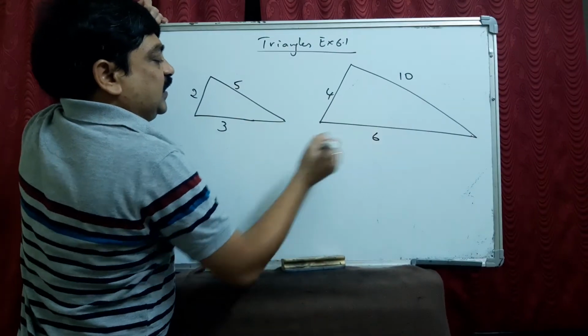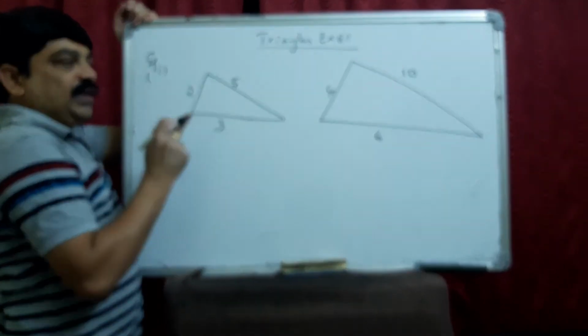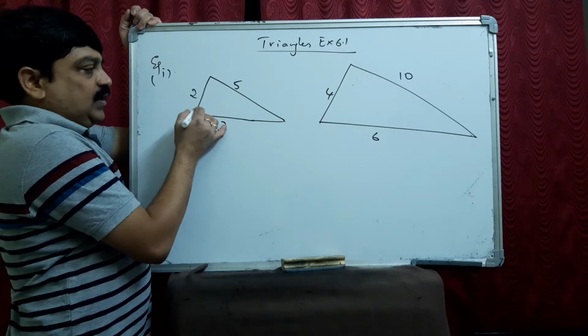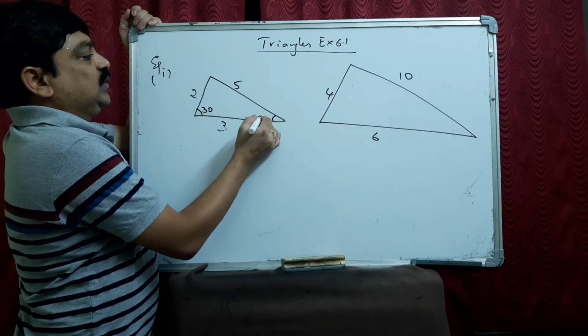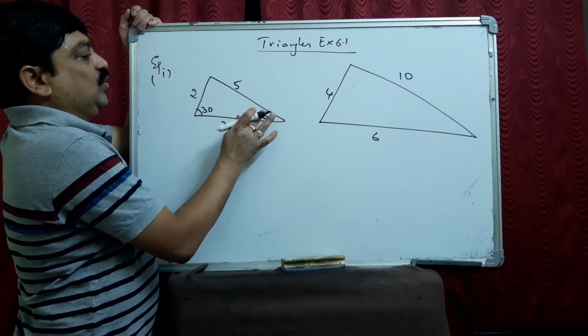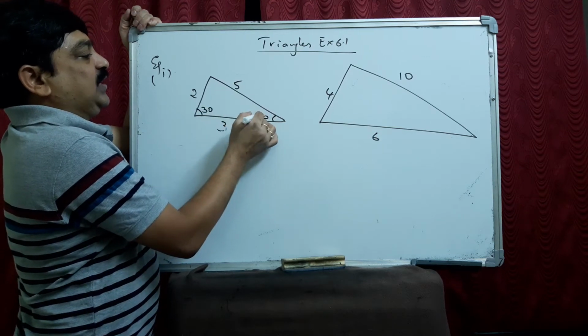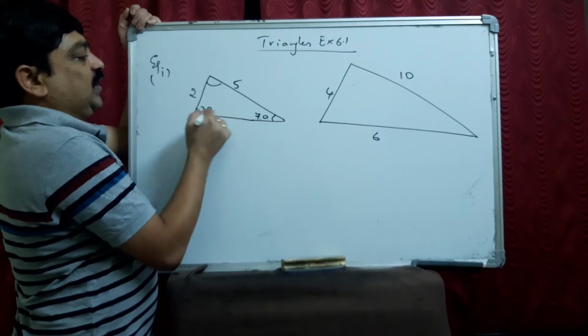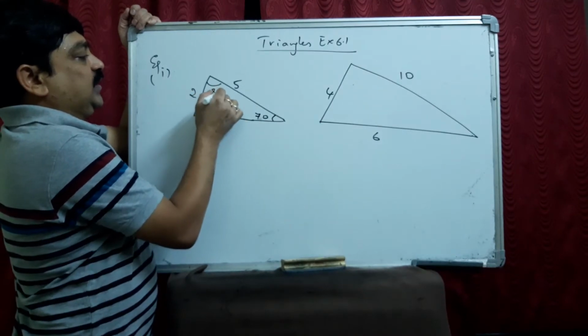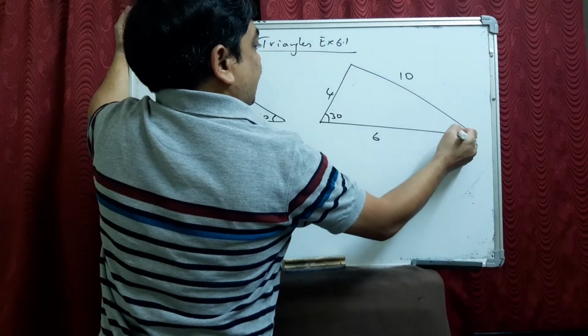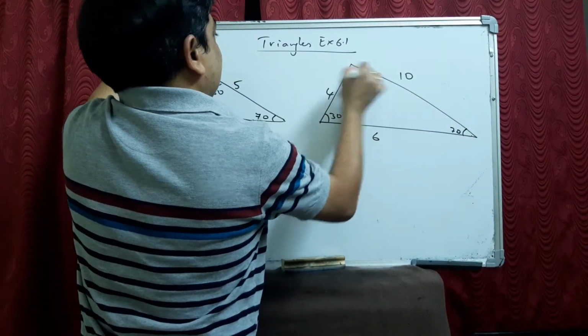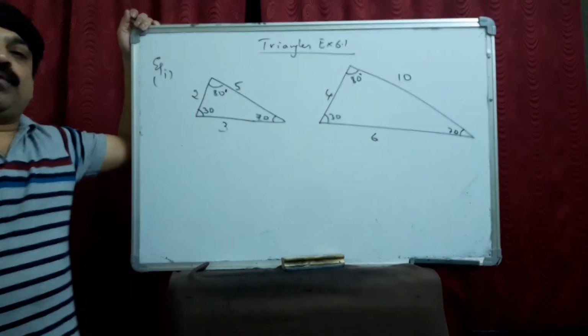See, I have taken both figures in such a way that the angles are equal. So I take this as 30, this as 70, and this will be 80, totalling 180. This also is 30, 70, 80. You can take this as an example of similar figures.